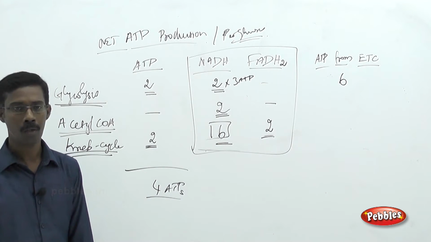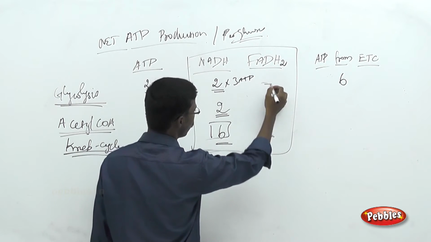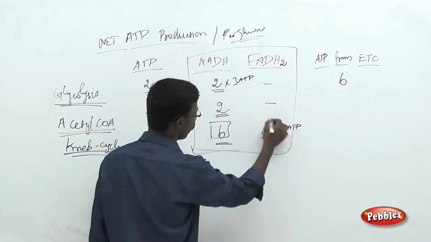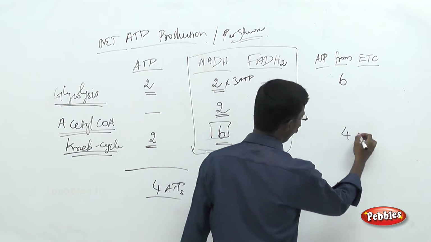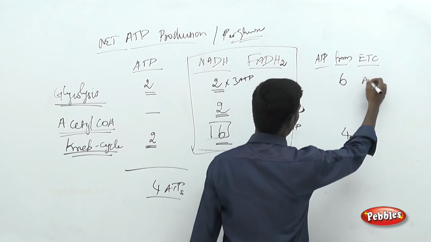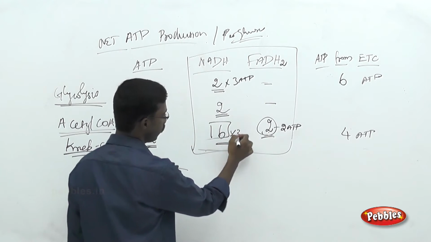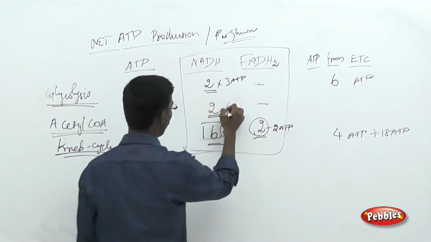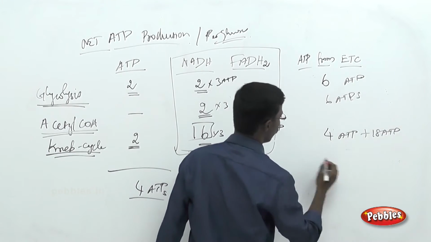This is what you have to remember. Over here, the FADH2 is equivalent to 2 ATP molecules, so it is equivalent to 4 ATPs in the electron transport chain. And over here 6 into 3, 18 ATPs, and over here 2 into 3, 6 ATPs.